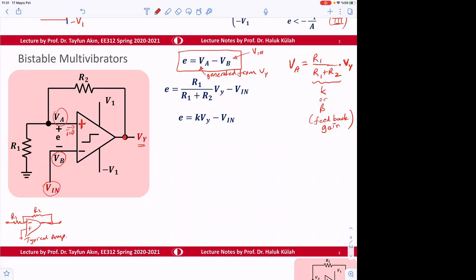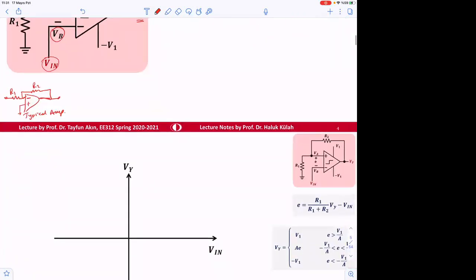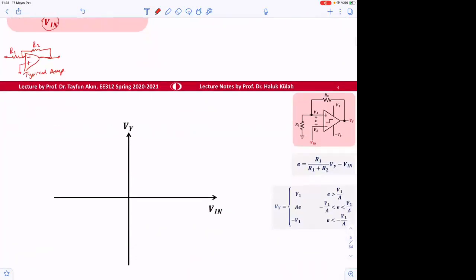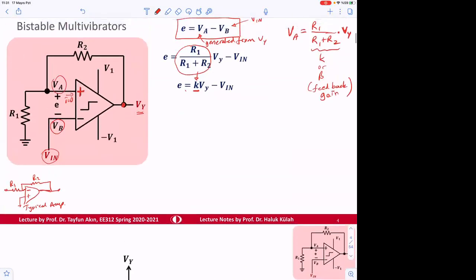It will be clear soon. If this is replaced with K, then the E value is going to be A times (K times VY minus Vn). This is also fine. Why do we care about this? It will be clear soon. That A times K value.